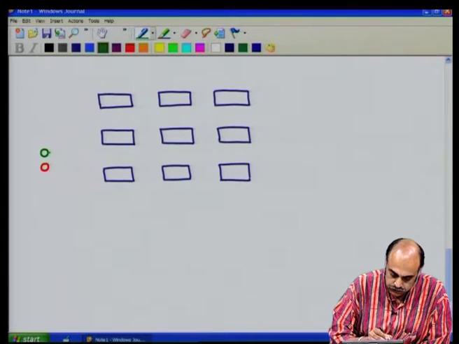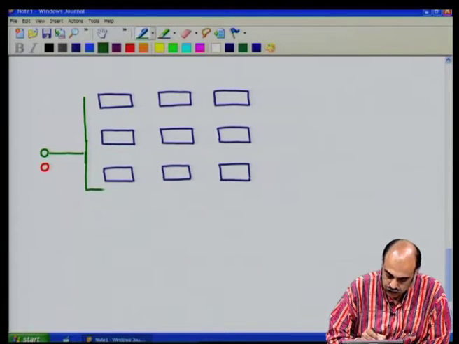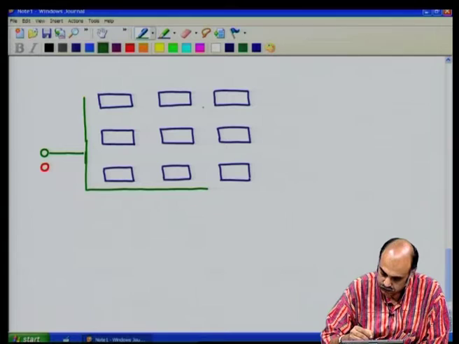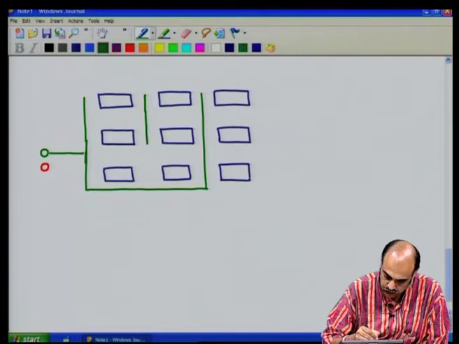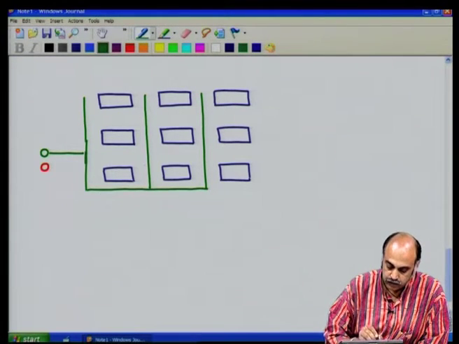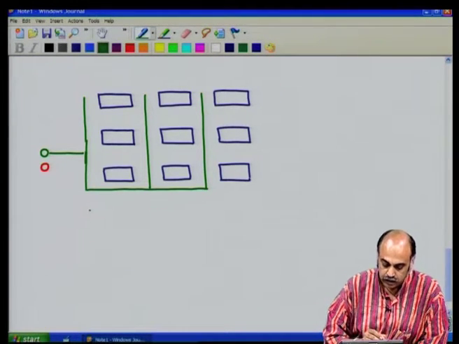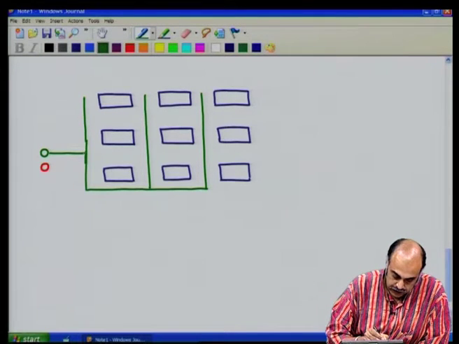take the ground, you could route the ground like this. So, you have a possibility of contacting every component for a possible ground wire.